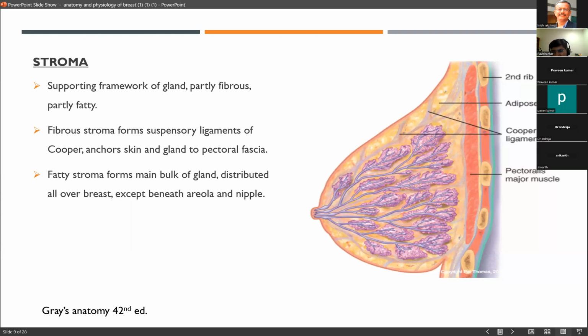So the tumor is fixed, but along a certain circumference. As the tumor develops further and infiltrates the Cooper's ligaments more, then it becomes fixed either to the skin and causes puckering, or fixed to the pectoralis fascia and or the muscle. So that is fixity or the fixation of the tumor. So that is the significance of the Cooper's ligament.